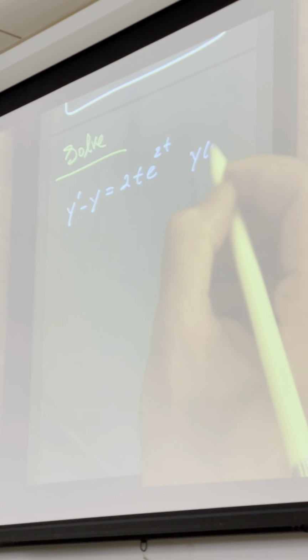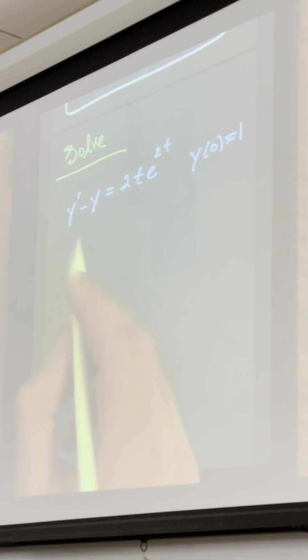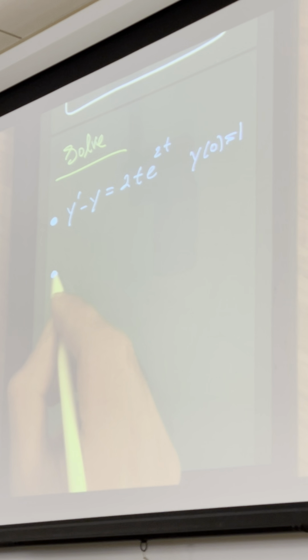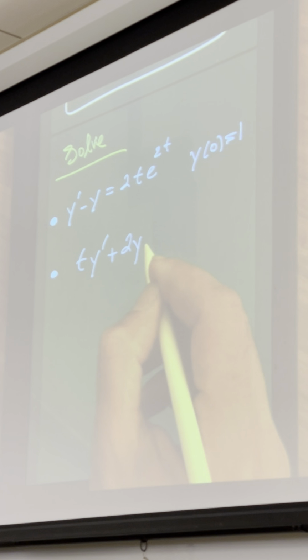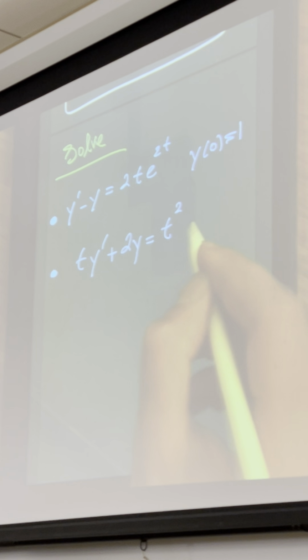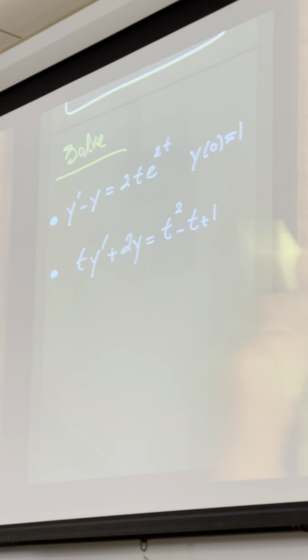Solve y prime minus y equals 2t e to the power of 2t, y at 0 equals 1. Then t y prime plus 2y is equal to t squared minus t plus 1, y at 1 equals half.